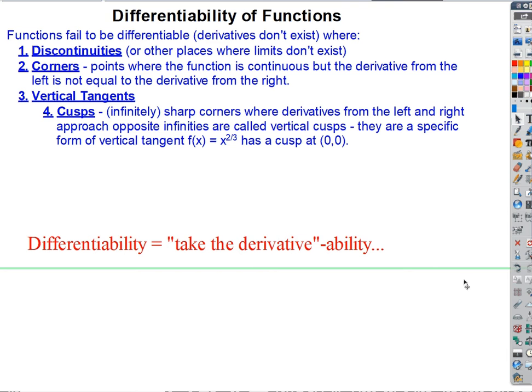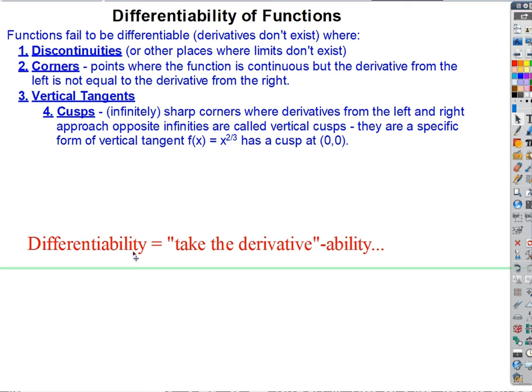So then differentiability is the adjective we give to a function to say, yes, we can take the derivative of that function. Where it's differentiable are all the values of x where I can differentiate the function. Does that all make sense?